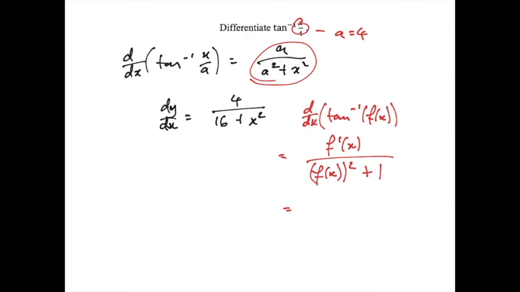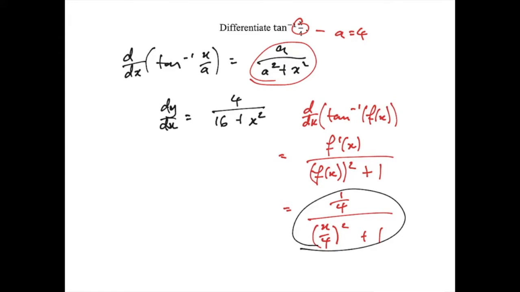If we were to do that, we would get, well, what's the derivative of x over 4? That's a quarter, over x over 4 squared plus 1. Now, obviously it looks pretty different. You should be able to simplify this into the first one, but the first option is a lot easier, so stick with that and make your life easier.